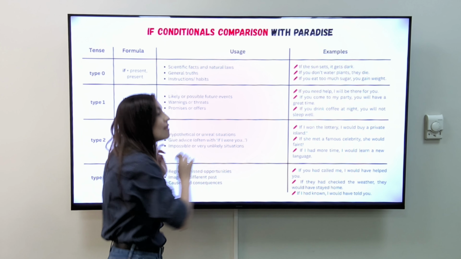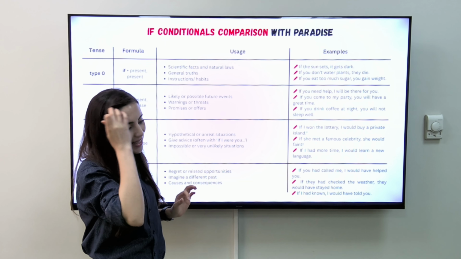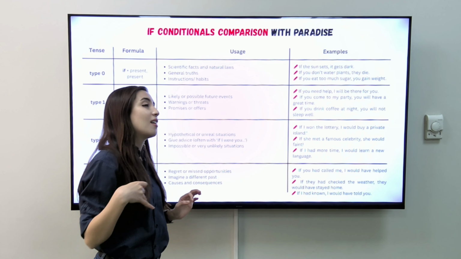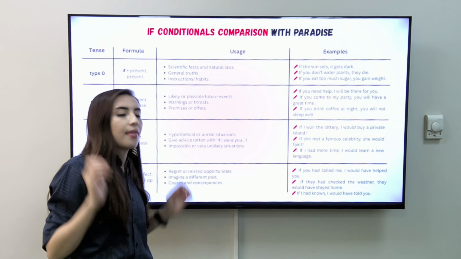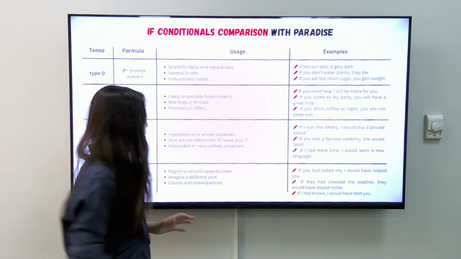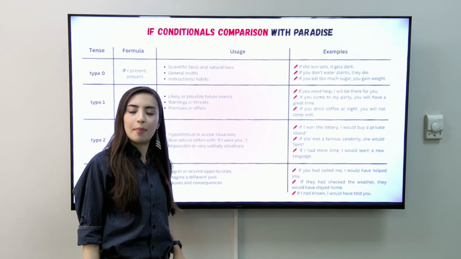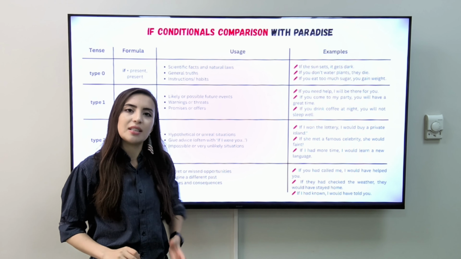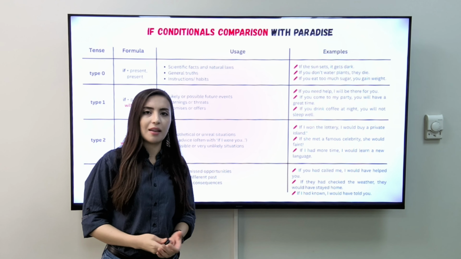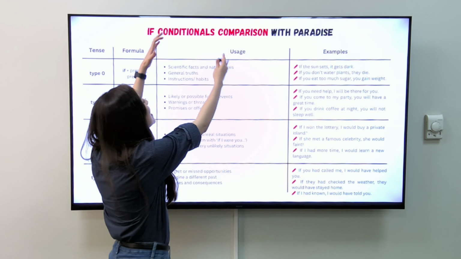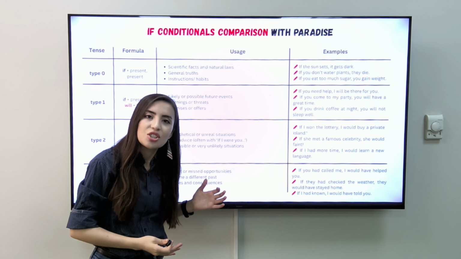In the next level, it gets to unreal situations, situations that are not very probable to happen, hypothetical, imaginary. In the next level, they're never going to happen. They are missed opportunities, things in the past. You cannot go into the past and change something. You see, layer by layer, things are getting less certain.